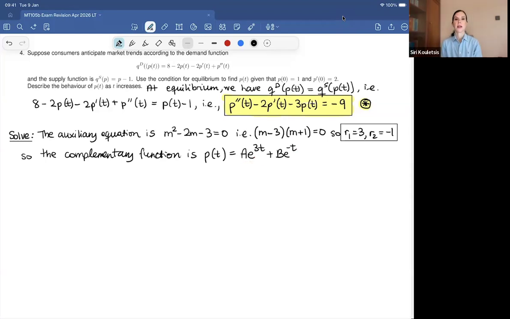P of t equals A times e to the 3t plus B times e to the minus t, where A and B are arbitrary constants.